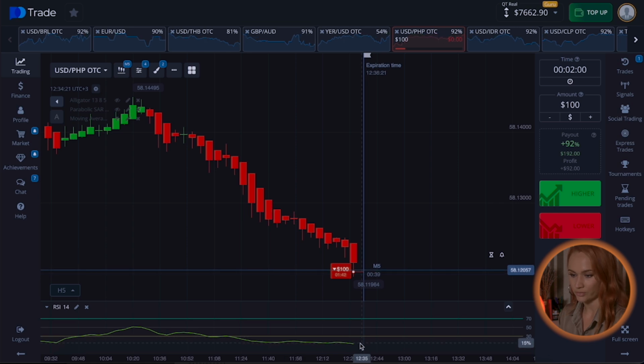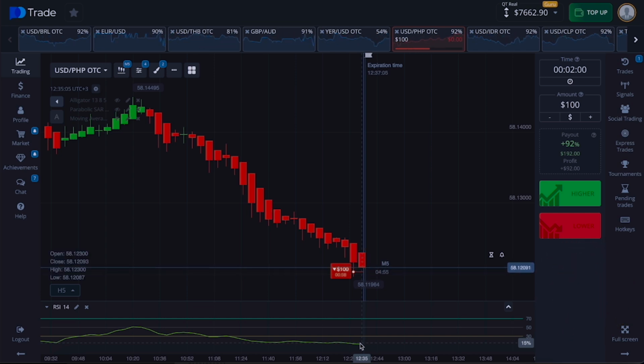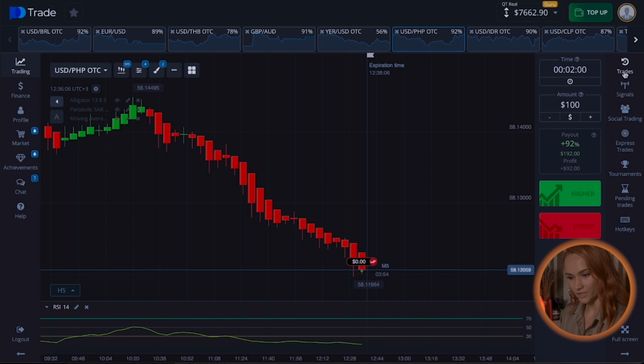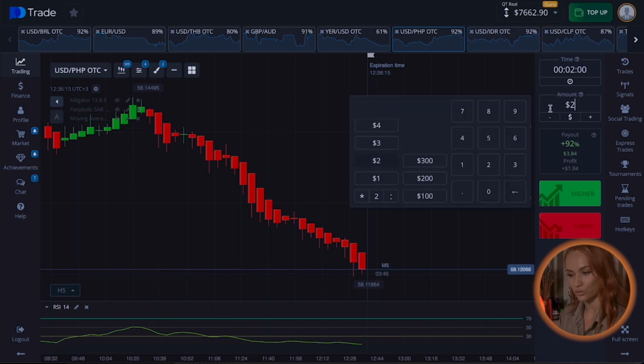Yes, there's also sideways movement here, but let's see how the deal plays out. So the deal went negative, that's okay. Let's just increase the deal to 200.